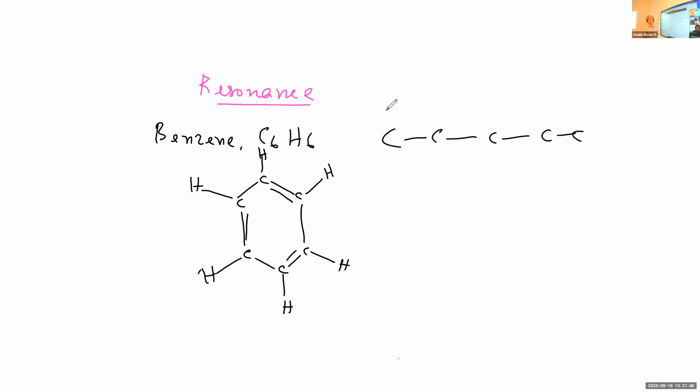And this was suggested by the scientist Kekulé, and this is called the Kekulé structure of benzene. And this structure can be abbreviated in another form. See, it is written like this.